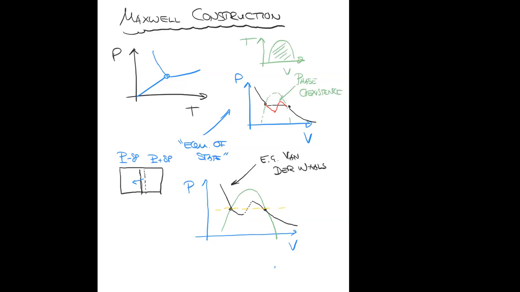So what Maxwell observed is the following. Imagine that you indeed have this magic curve, what I would call a van der Waals type of equation of state.